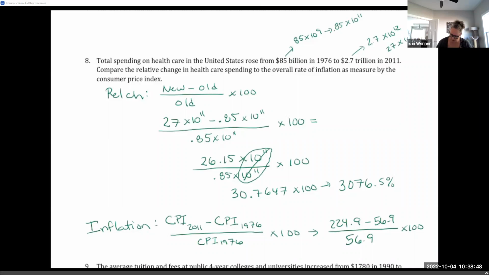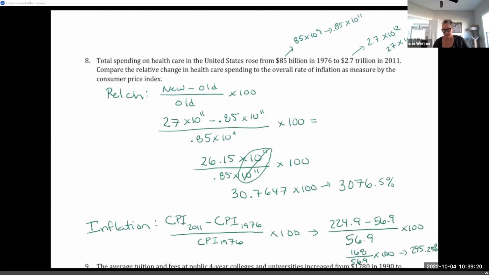So simplifying, we're going to have 168 in the numerator over 56.9, which reduces to 2.95, which when we multiply by 100 gives us 295.3. I guess they're going out two decimal places. 25%.